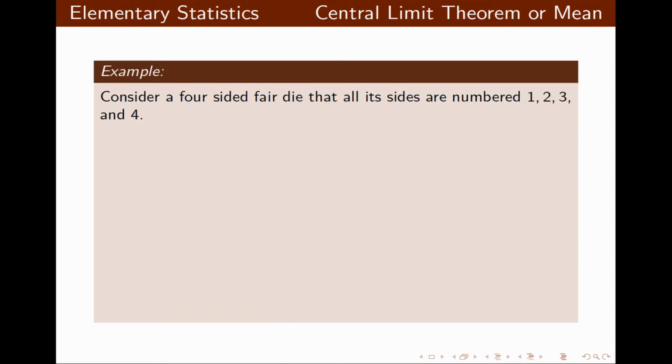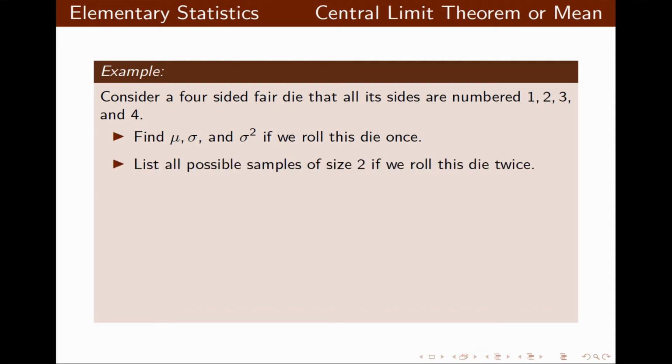Consider a four-sided fair die whose sides are numbered 1, 2, 3, 4. We're going to find the mean, standard deviation, and variance if we roll this die once. We're going to list all possible samples of size 2 if we roll this die twice.